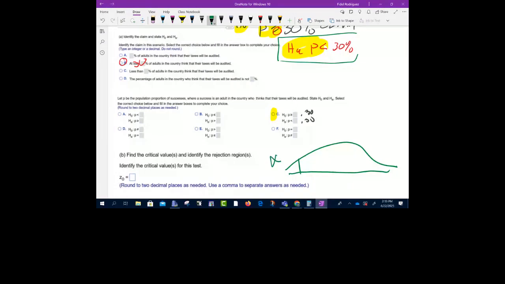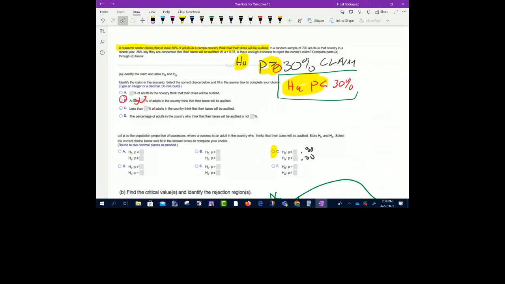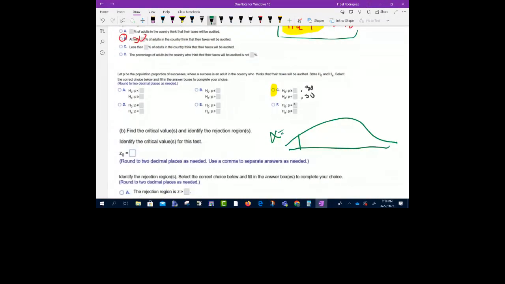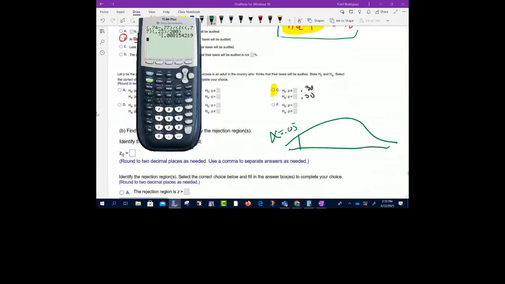Here is my alpha. I'm going to scroll back up to the top. My friends, alpha is 0.05. Okay, so just like we did before, we're going to go second bars, we're going to go to inverse norm, and we're going to type in 0.05 so we can get our z-score. We should get negative 1.64 again, right?